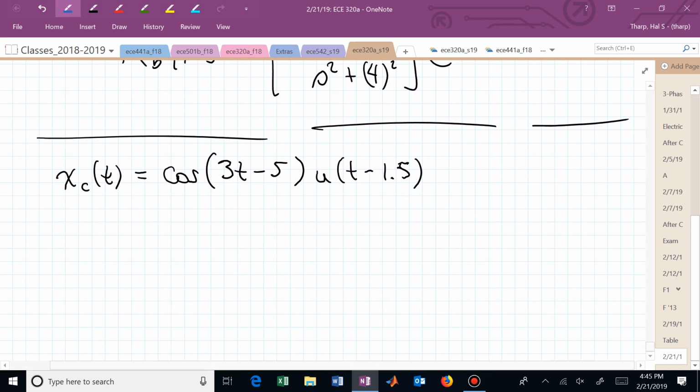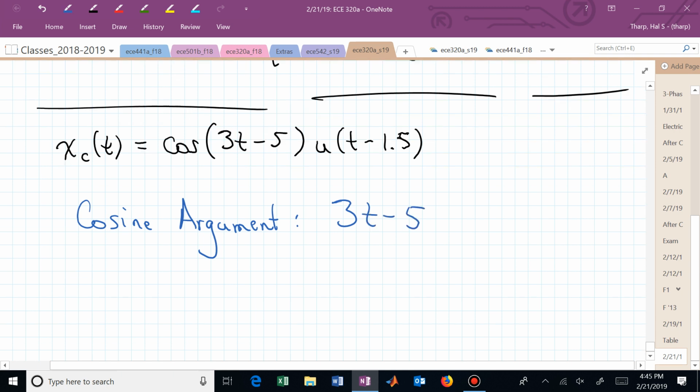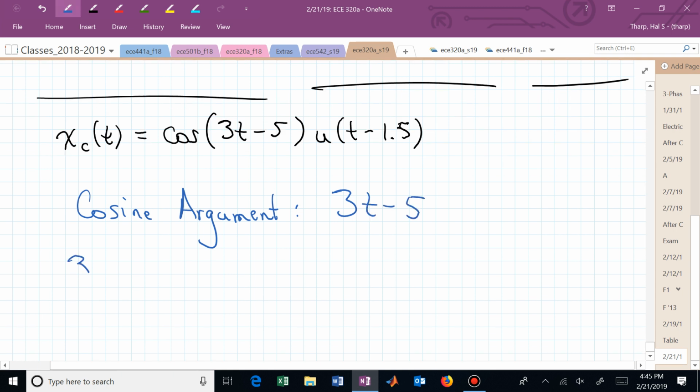If we looked at the cosine argument, we can now say, oh, we have 3t minus 5. And what I'm wanting that to look like is that, because then I can easily factor out the 3. But I don't have 3t minus 4.5. I actually have 3t minus 5, so I have to take another half off.